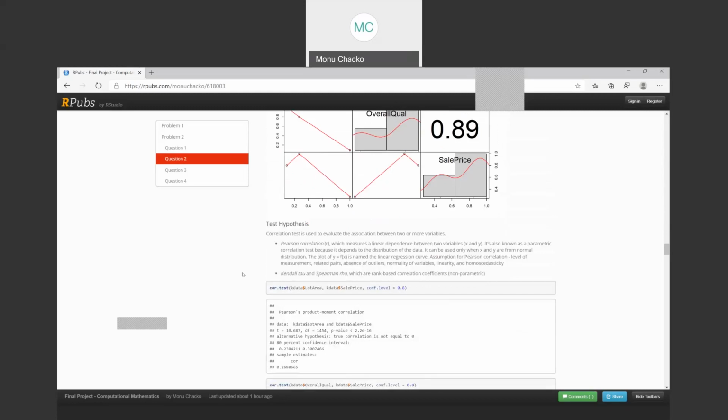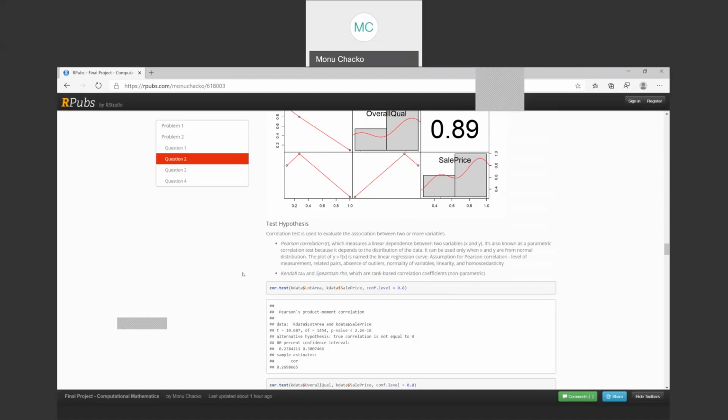The next thing we do is hypothesis testing. There are different kinds of testing, but the default is a Pearson correlation. For that to work, you need to have certain assumptions, like normality of variables, linearity, and things like that.